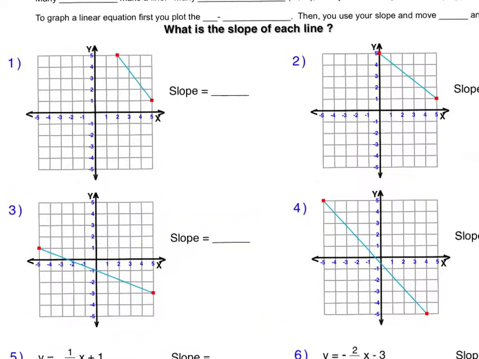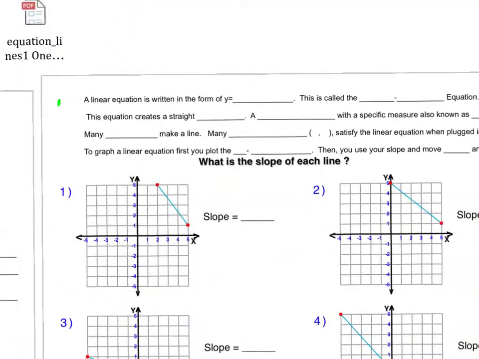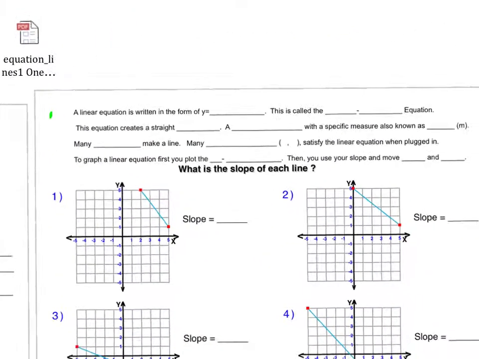Okay, this one. It says a linear equation is written in the form of y equals mx plus b. This is called the slope. And then what comes next? Intercept. This equation creates a straight line.